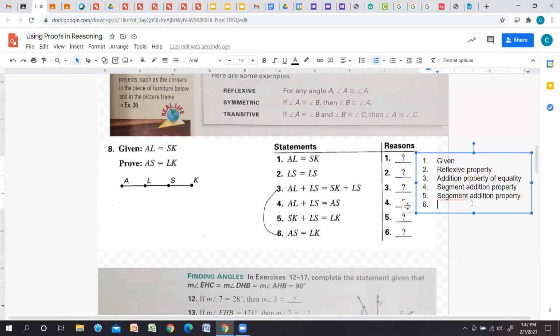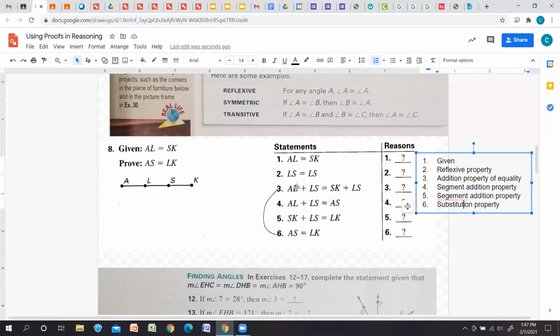And that's the substitution property, because they substituted something else on both sides. That's how we go step by step to solve something in this, just showing the reasons.